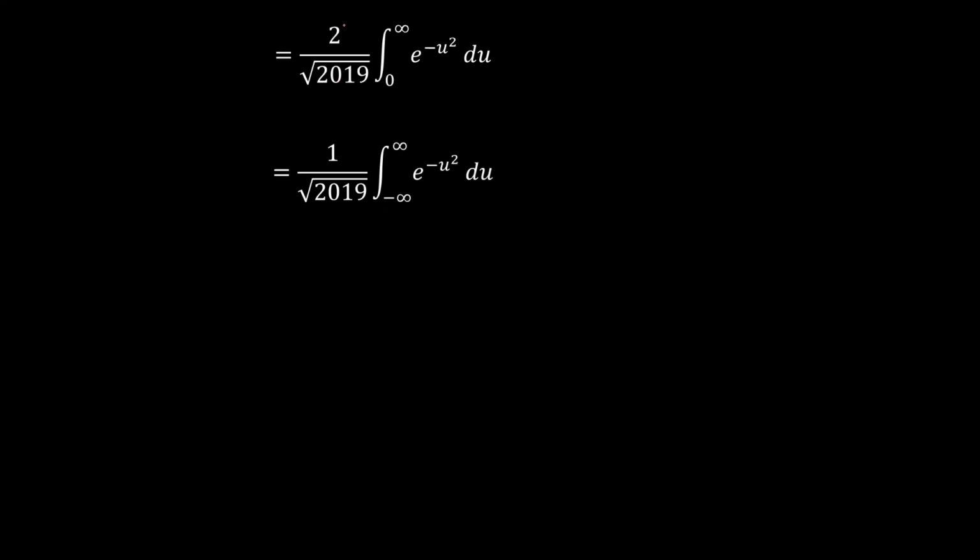So the 2 goes, and so we have 1 over square root of 2019 times the integral from u equals negative infinity to infinity of e to the power negative u squared. And so this is the same as 1 over square root of 2019. This integral is the same as root of pi. So we have root of pi over root of 2019 as our answer.